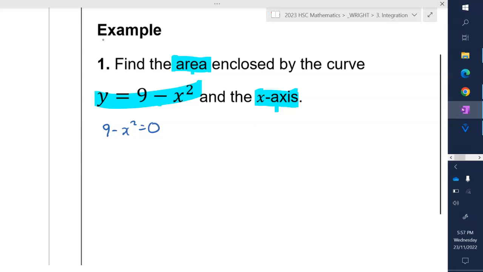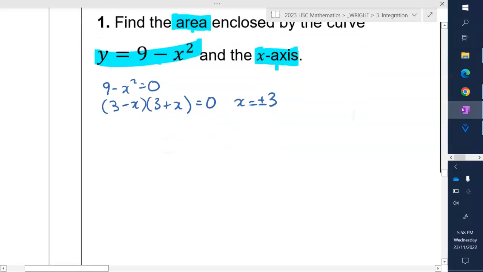You can either pop the x squared on the other side and take the square root of 9 and get plus or minus 3, or you might see it's a difference of two squares, in which case you're still going to get plus or minus 3. Okay, and you should be quite familiar with doing that now. That's where it cuts the x-axis. Where does it cut the y-axis? It cuts the y-axis at x equals 0, so it's going to cut the y-axis at 9. So let's sketch that and pop that information on our graph. Pause it if you need to.